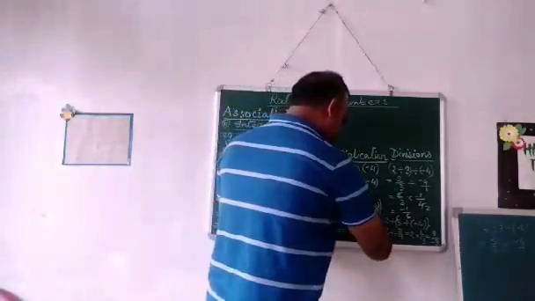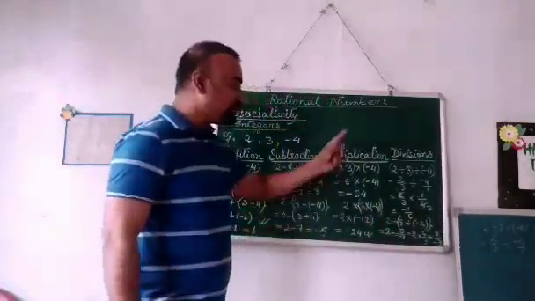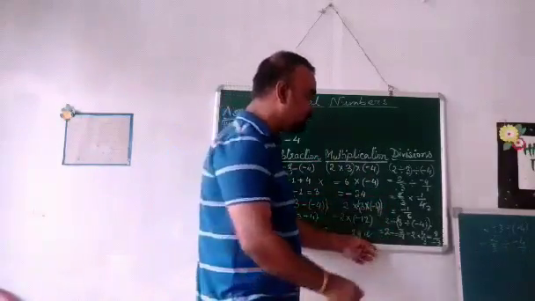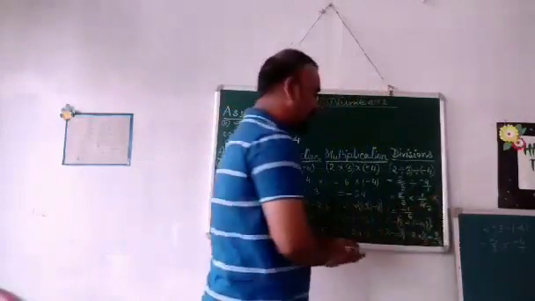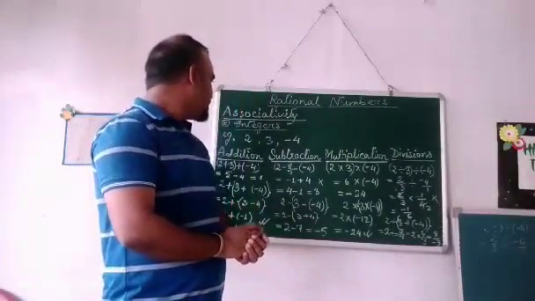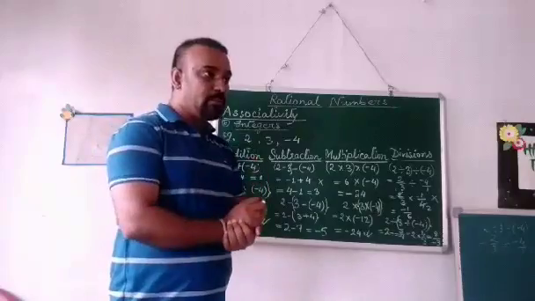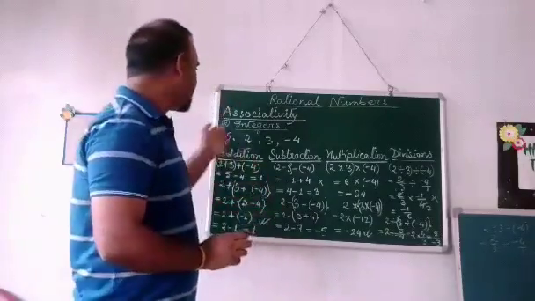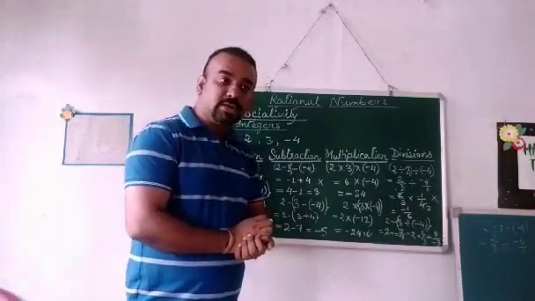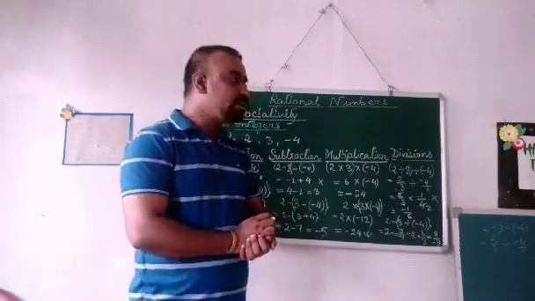So this one is also applicable, and for division different answers are coming. So therefore we can say this is not applicable. Yes. So we have seen the first one, that is whole numbers, the second one, that is integers. Now we will see the third one, that is rational numbers for associativity.